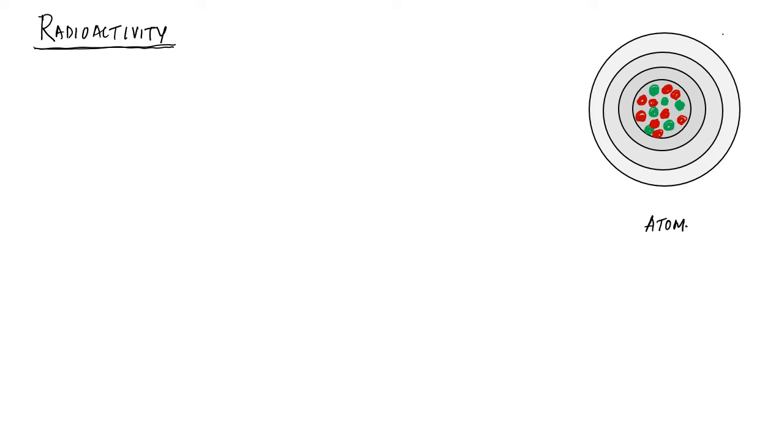So inside the nucleus, I have protons and neutrons sitting, and then around the nucleus I have electrons revolving around the nucleus.